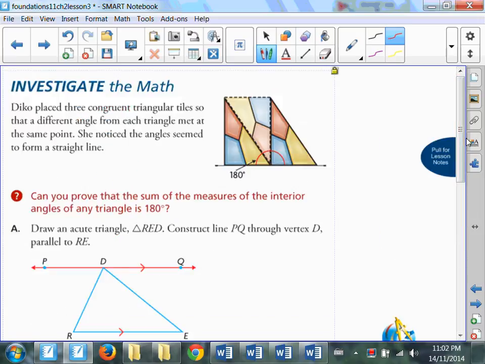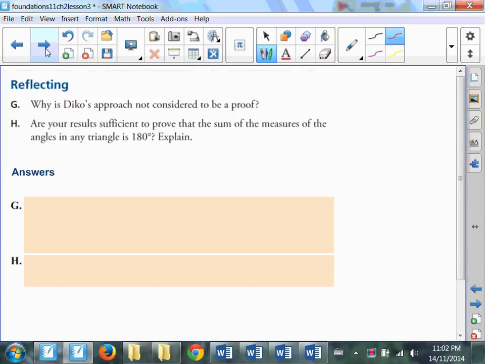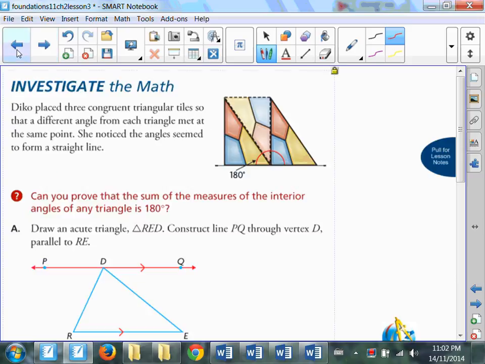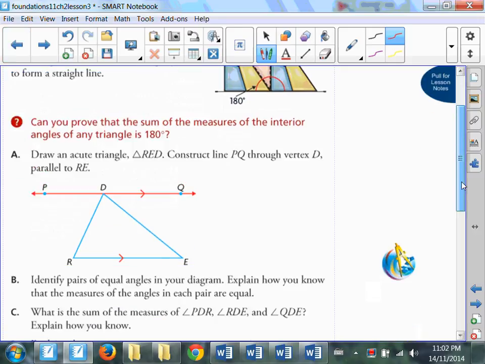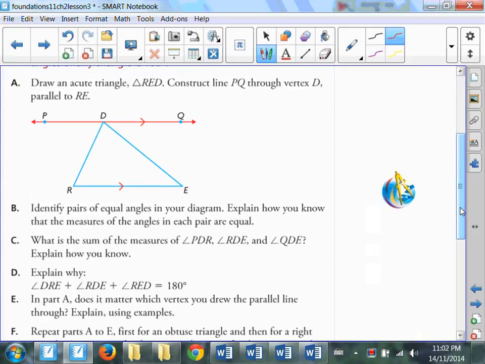I think we're going to try the next one. What I want you to do here is draw an acute triangle, RED, and construct a parallel line, PQ, through vertex D. Okay, so you want to make sure that this line here is parallel to this line here.